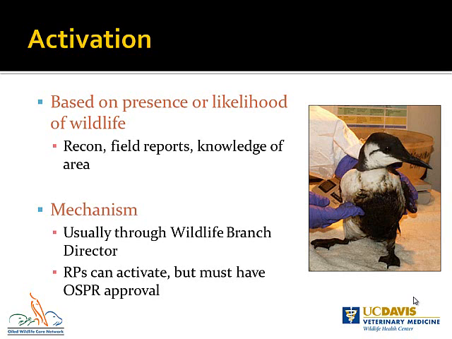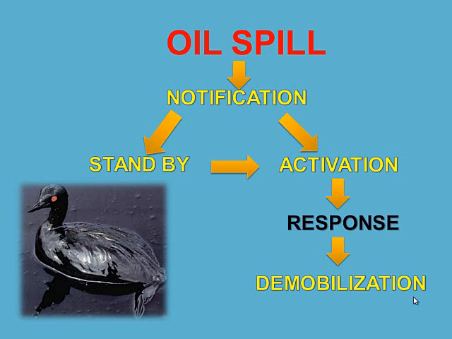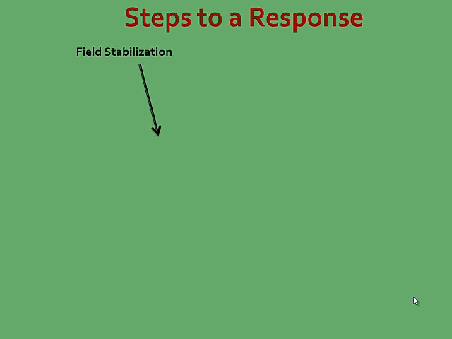It can come from field reports or people that are knowledgeable with the area itself. The mechanism of activation is usually through the Wildlife Branch Director. The responsible parties can activate, but like I said, they must have OSPR approval. They can notify us, but they have to have approval from OSPR to activate us.